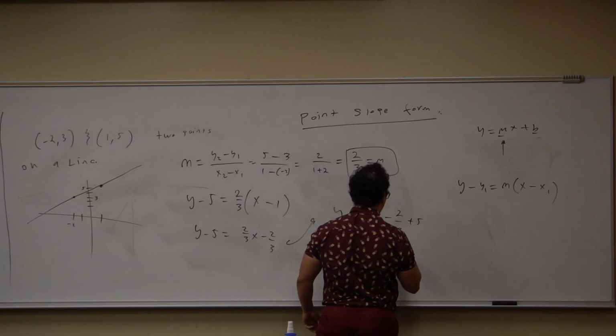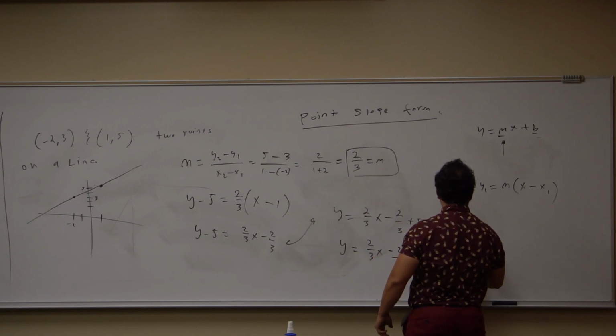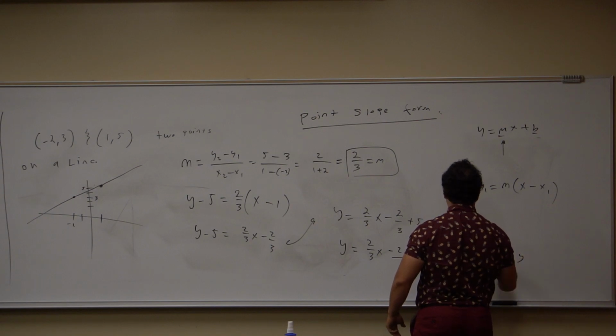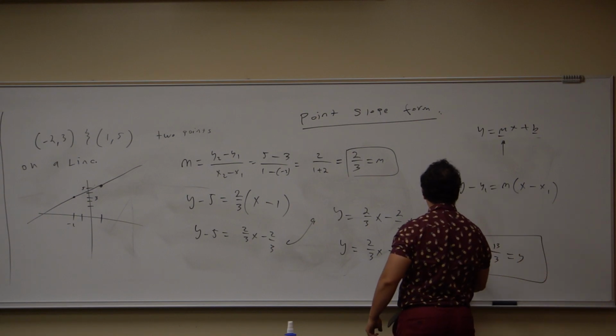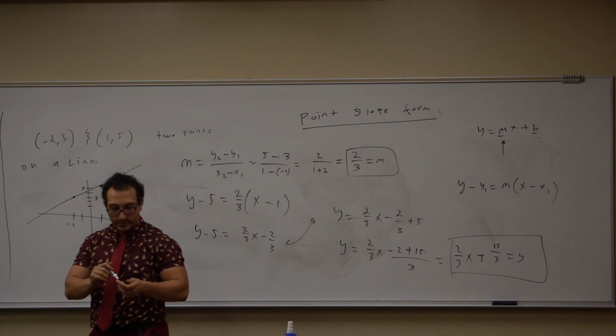And then these have to have a common denominator, so this is -2 plus 15 all over 3. So this is equal to 2/3 x plus 13 all over 3. This is our equation for the line. Y is equal to 2/3 x plus 13 over 3.